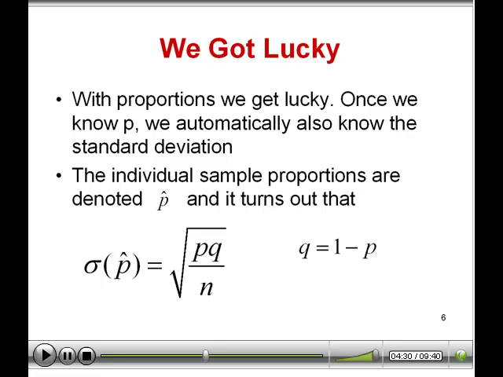If we know or can accurately estimate the population proportion P, then there is a well-known formula for finding the standard deviation. It is the square root of P times Q divided by N, where Q is 1 minus P, or in this case, the proportion who do not plan to vote for Senator Kerry.